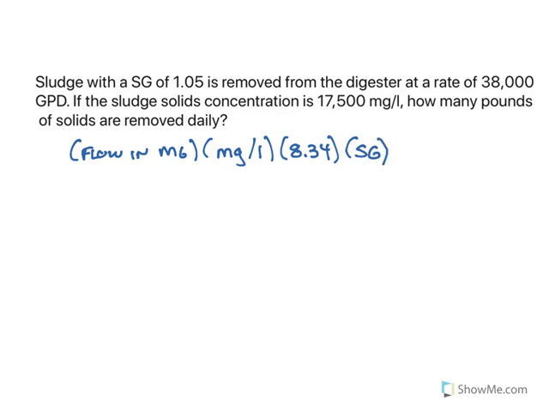If you're not given a specific gravity, then generally you can assume that the specific gravity is 1. In this case, we're given a specific gravity of 1.05, so we have to plug that into our formula.